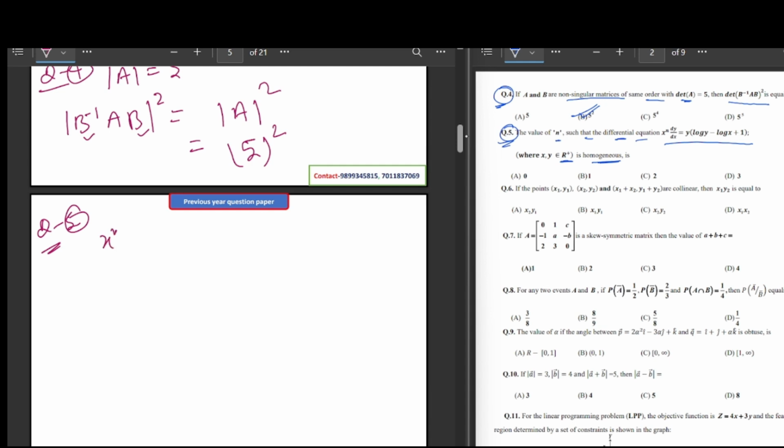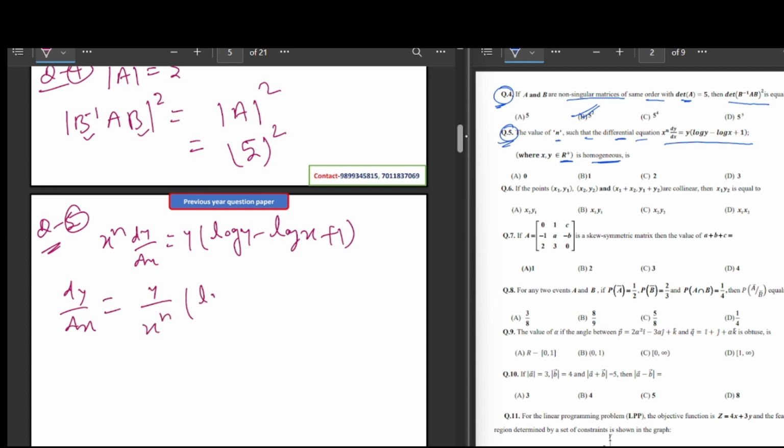So the equation is x to the power n and dy by dx is equal to y log y minus log x plus 1. So dy by dx is equal to y over x raised to the power n, log y minus log x plus 1.